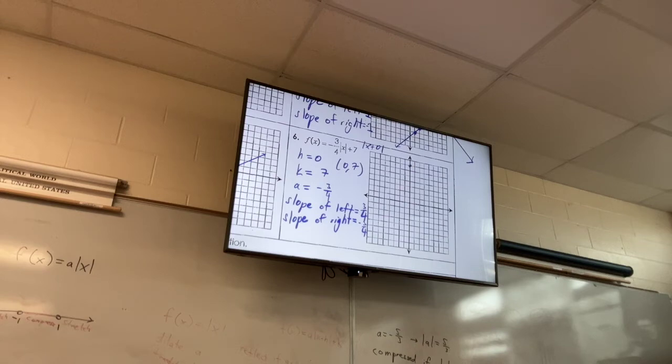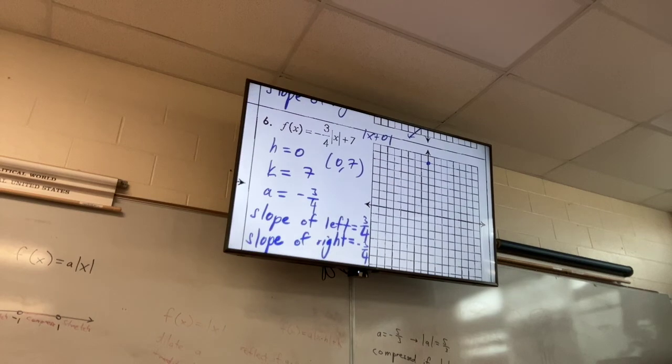Right? Plot a point to the left. It's 3/4, okay? So we're going to go down 3, left 4. Point on the right, down 3, right 4.